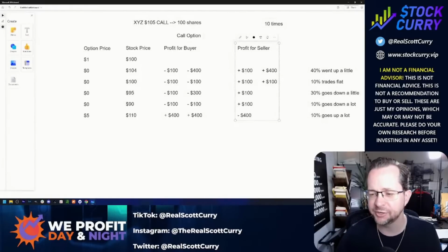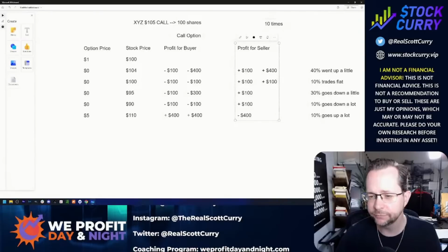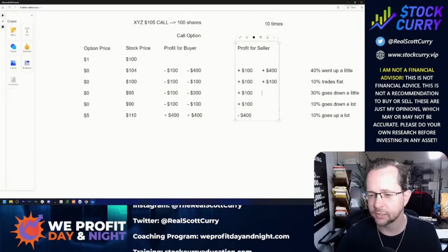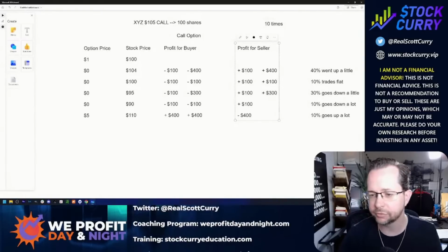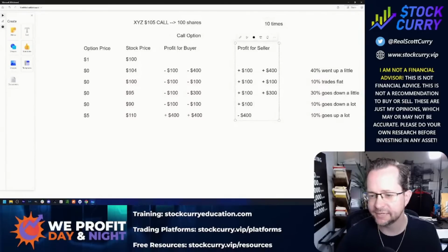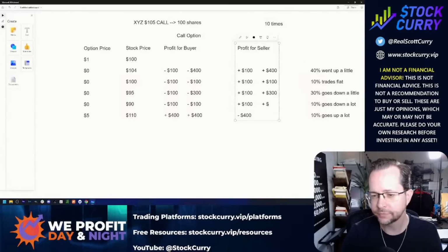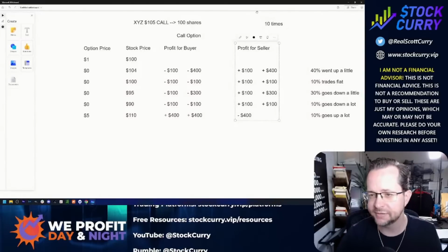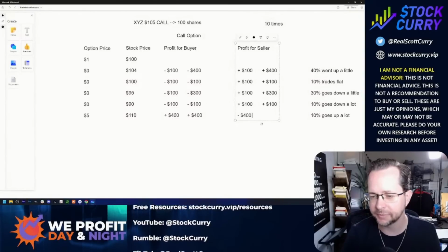Again, for every 10 times we do it, 3 times out of 10, this is going to occur. So this is going to be $300. All right, 1 time out of 10, this is going to occur, $100. And then 1 time out of 10, this is going to occur. This is going to be a loss of $400.